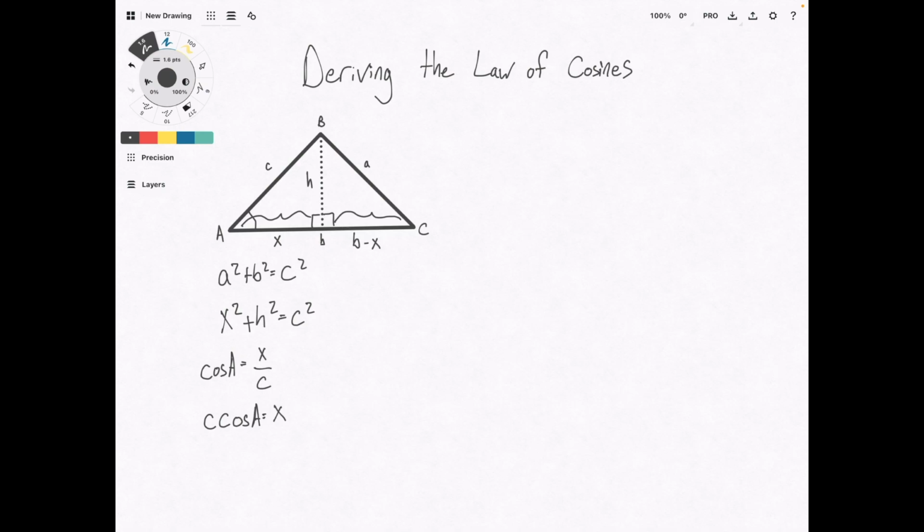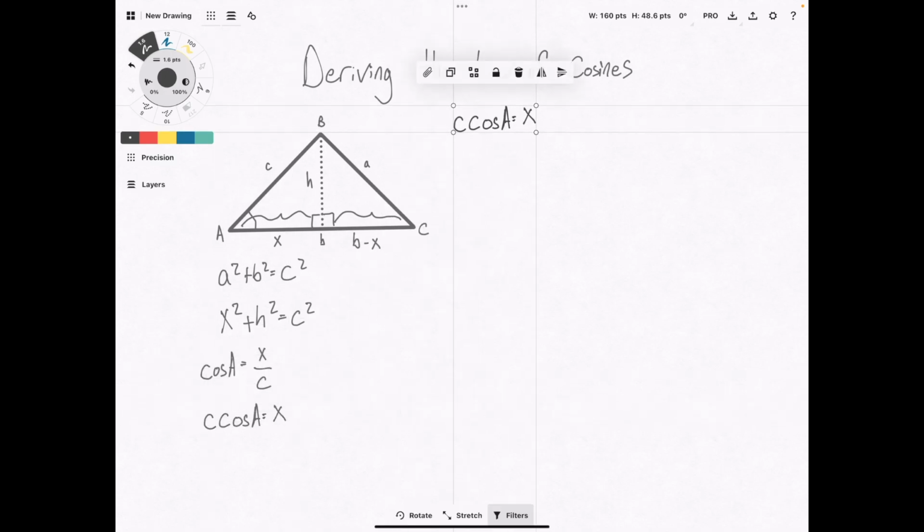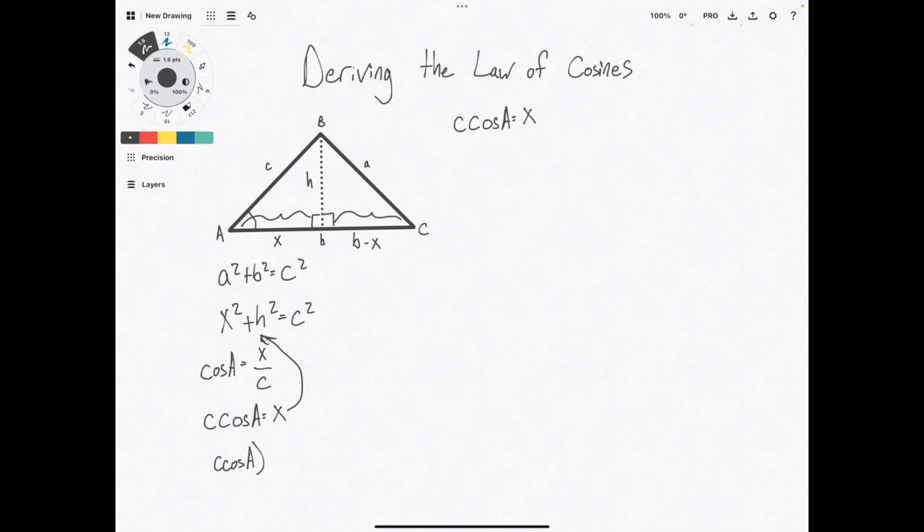Okay, cool. We're actually going to copy this and save it over here. We're also going to plug it back into this function. So we're going to have c cosine A squared plus h squared equals c squared.